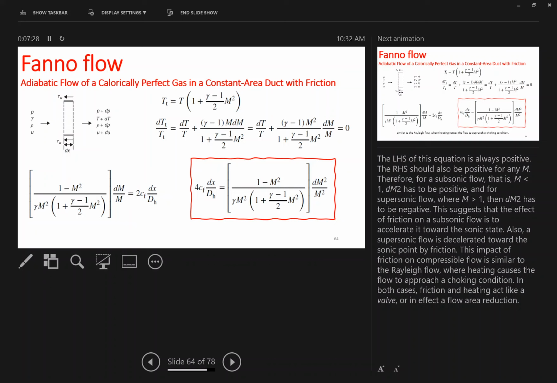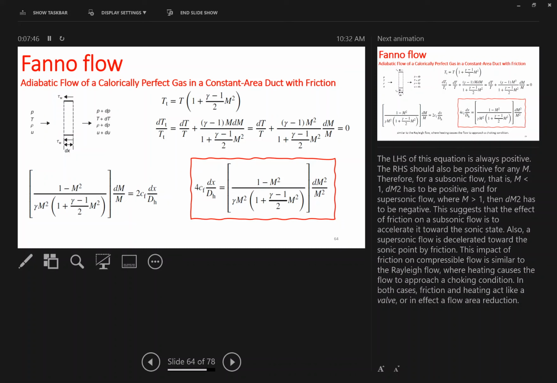So dM must always be positive, which means that when you have a subsonic flow at your inlet, your Mach number will increase until it reaches the sonic condition, or Mach 1.